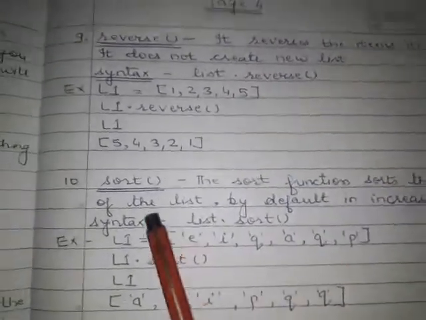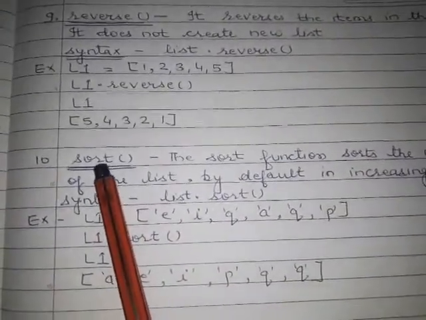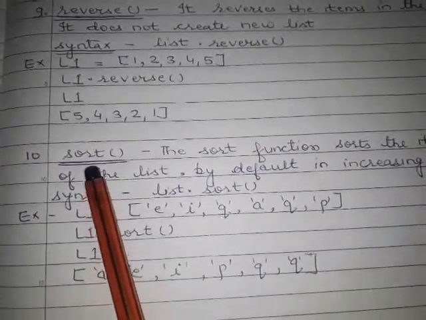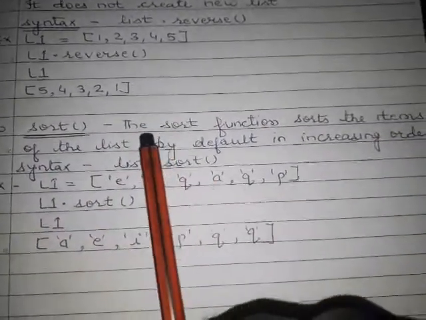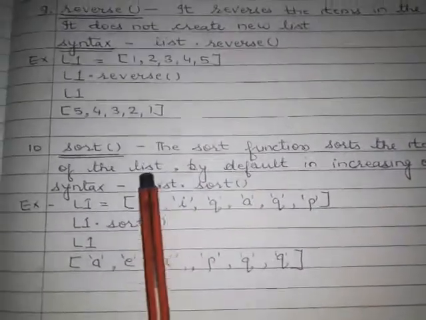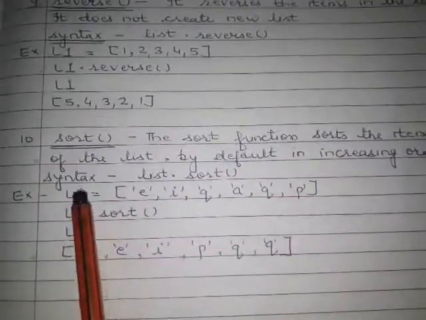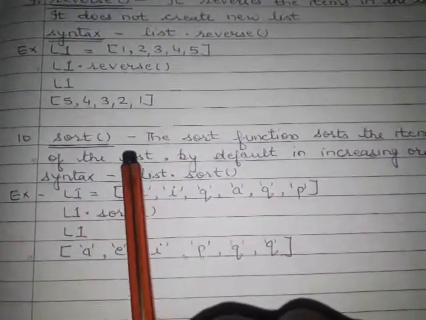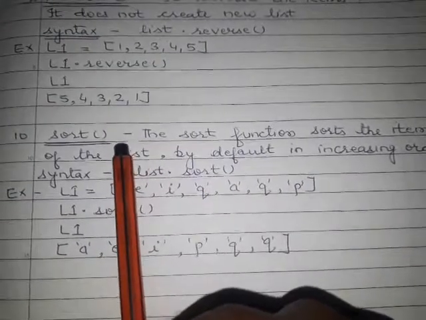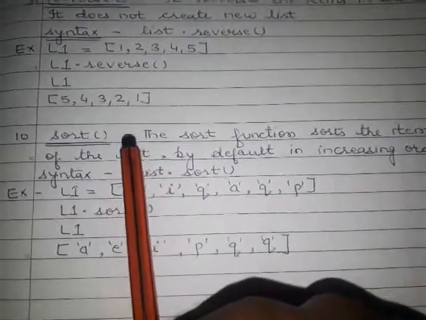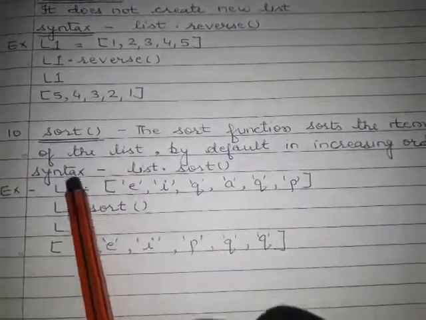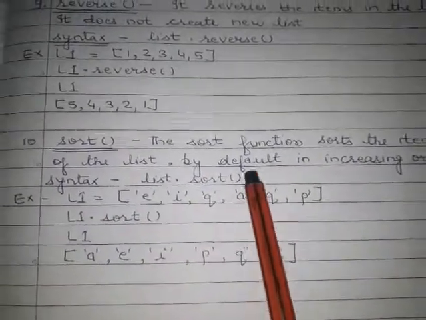The last method is sort. Sort is used to arrange the list in ascending or descending order. The sort function sorts the items of the list by default in increasing order. Syntax is list.sort().